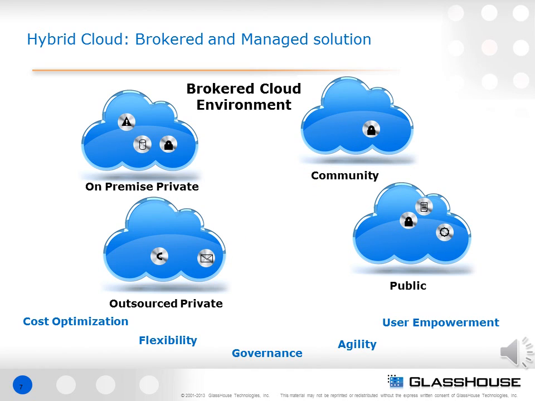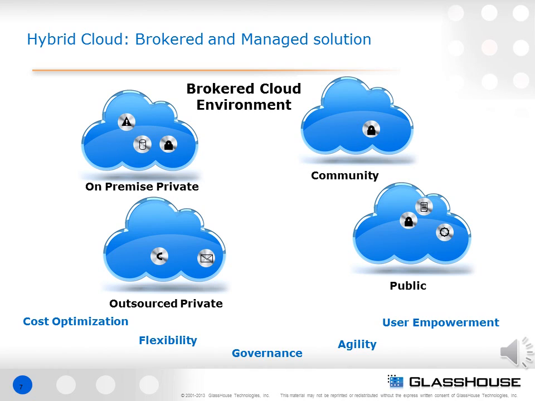It also allows us to optimize our costs. For example, if the public cloud provider was to drop his prices, we could take advantage of that decrease in prices by moving our applications and our services to that cloud. If those prices go back up, we can rapidly move them back out into a more cost-effective place. It also empowers users.